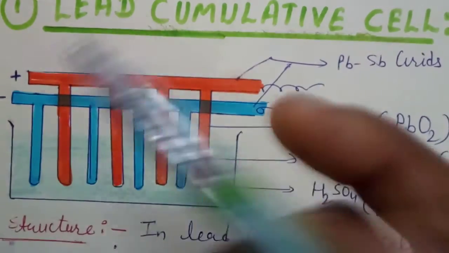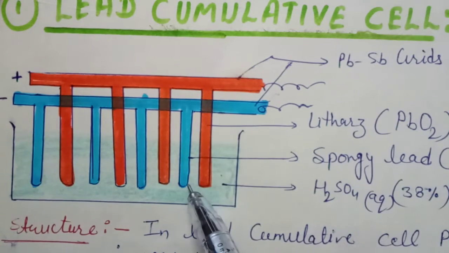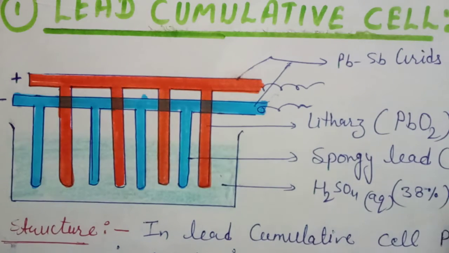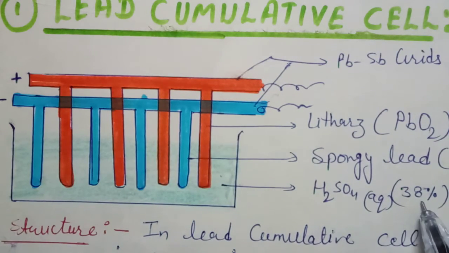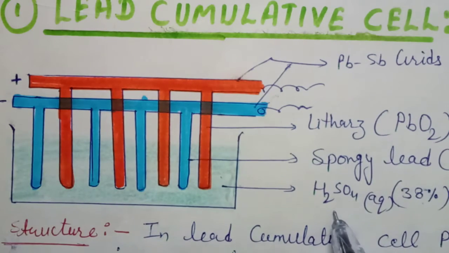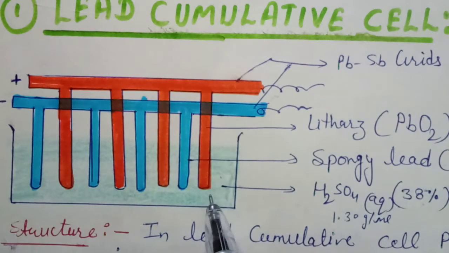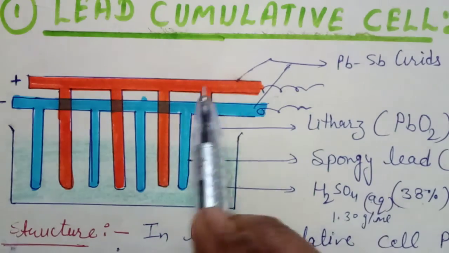See, this is a container in which aqueous solution of H2SO4 is filled. It is 38%, or we can say the density of this H2SO4 solution is 1.30 gram per ml. This is the electrolyte H2SO4 solution.